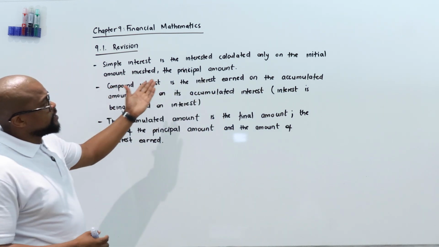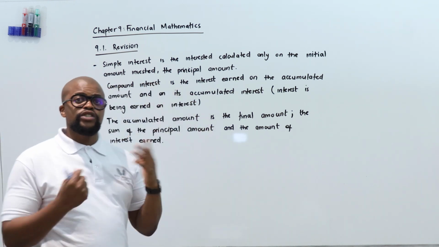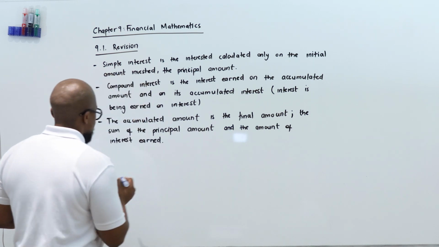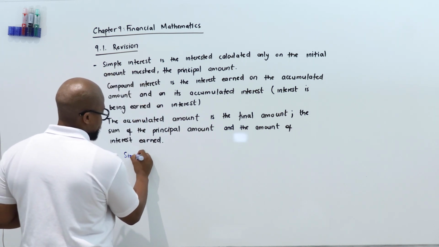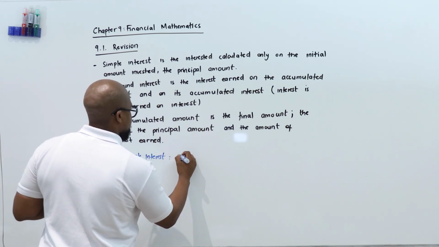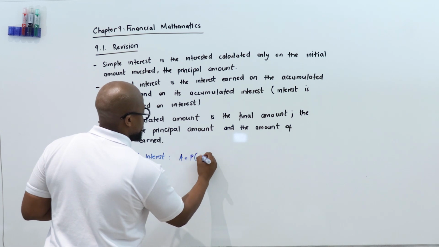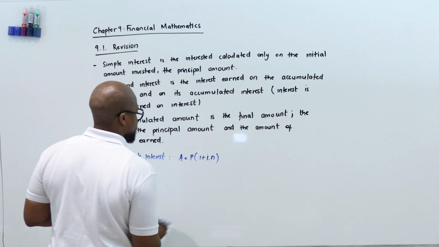So, simple interest is interest calculated only on the initial amount invested, which is your principal amount. So if this is simple interest, our formula for simple interest is A equals P(1 + i × n).